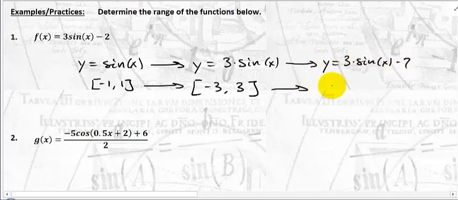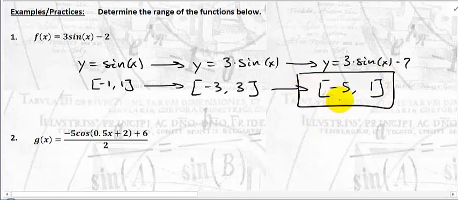What happens if you go to y equals 3 times sine x? The range will become -3, 3. That's a vertical dilation. And then when you go to 3 sine x minus 2, you shift everything down by 2, so it is -5, 1. That's the range of my function.